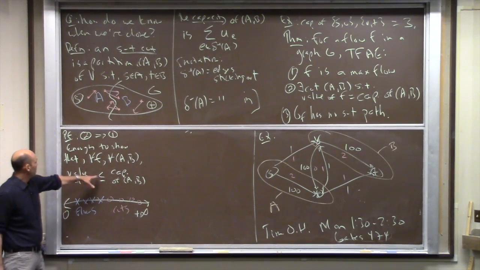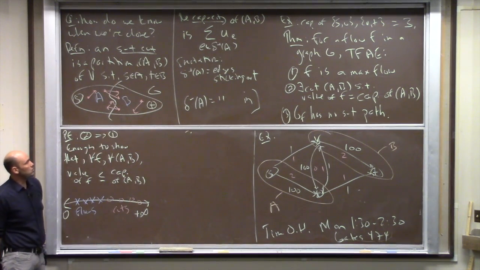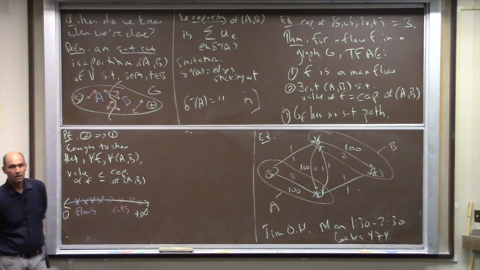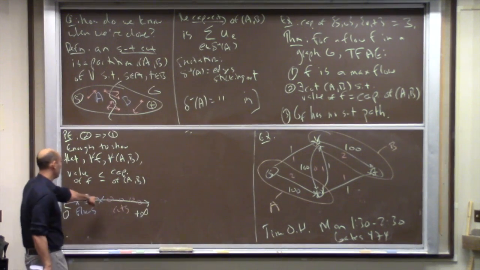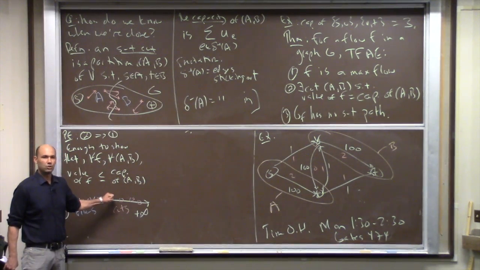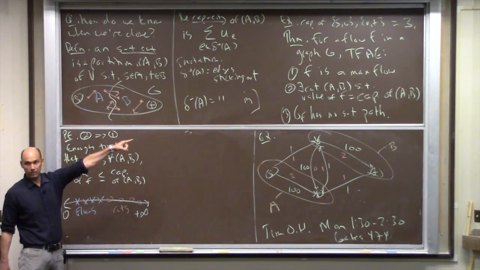So why is it that if 2 holds, then 1 holds? So suppose you could actually find a cut AB and a flow F so that the flow's value equals the cut's capacity. In this picture, that would correspond to an X and an O exactly superimposed. Okay? There'd be an X and O on top of each other. That's what condition 2 would give us.